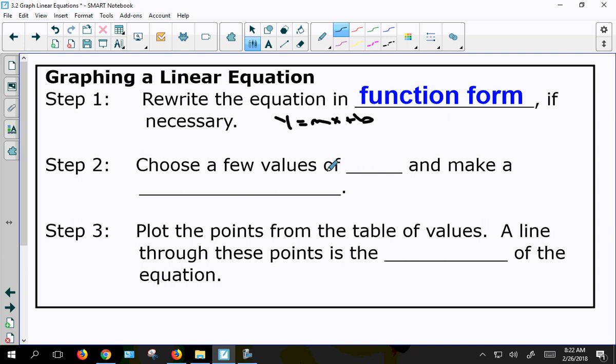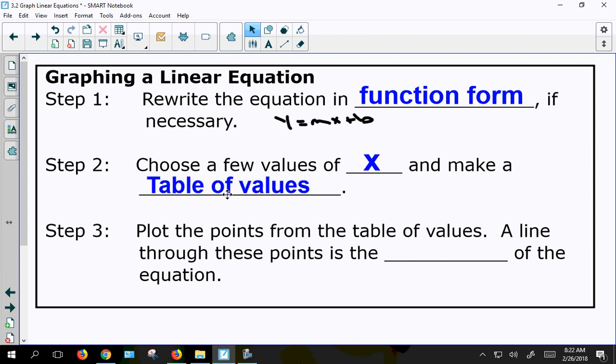That's slope-intercept form, or function form. Choose a value for x and make a table of values. Plot the points from the table of values. A line through these points is the graph of the equation. This is one way to graph an equation.